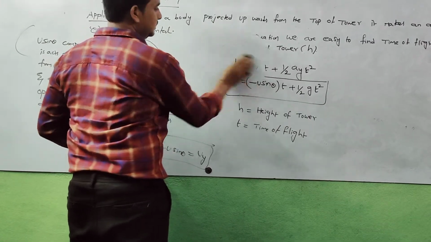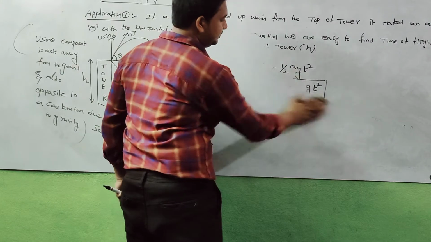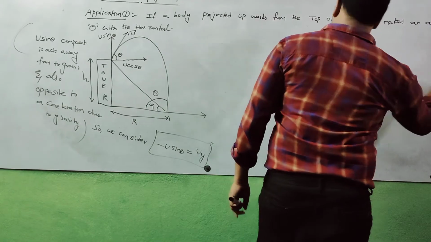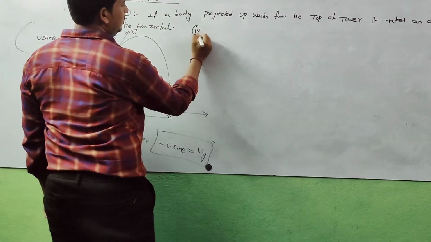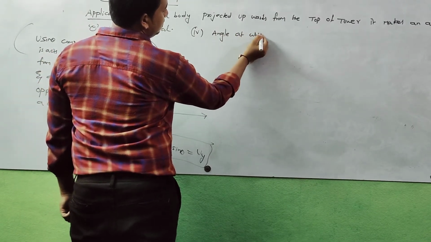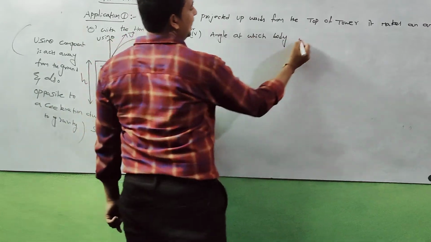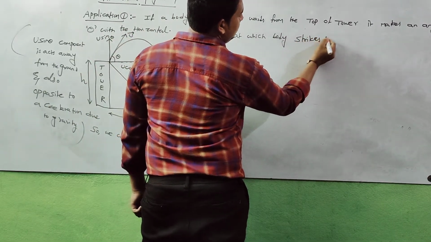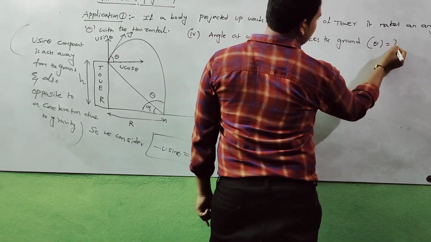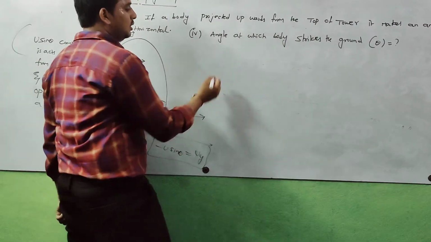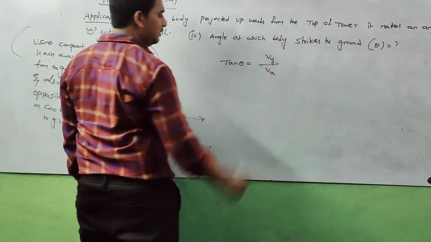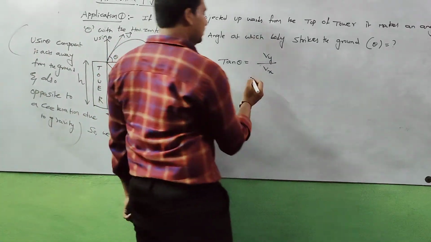Next, fourth one: striking angle. This is very important. The angle at which the body strikes the ground is indicated by theta. How to find it? Tan theta is equal to Vy by Vx.